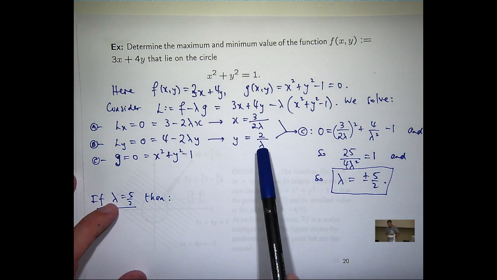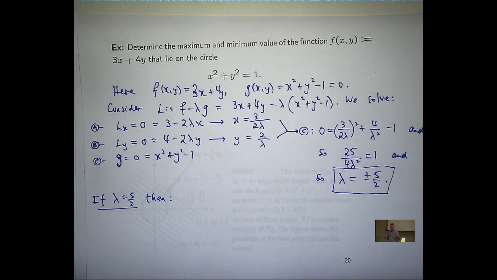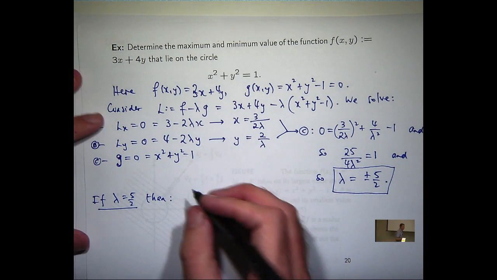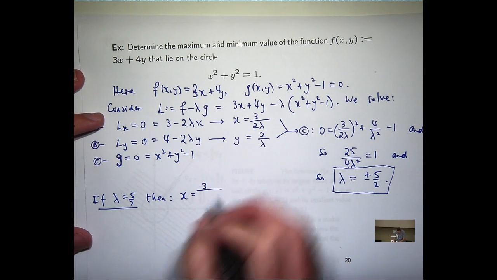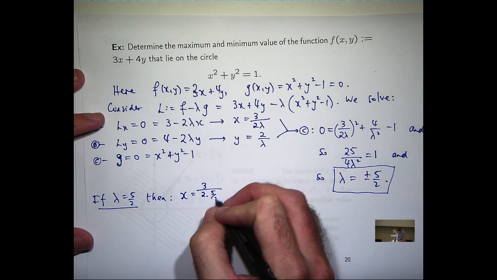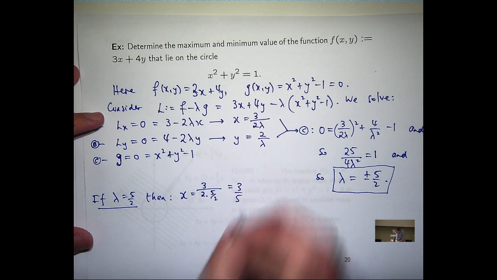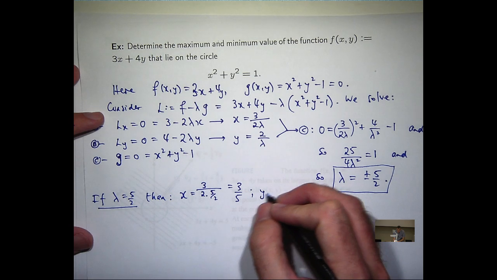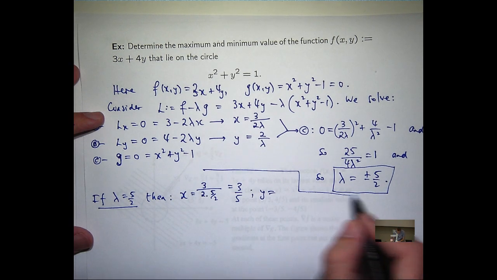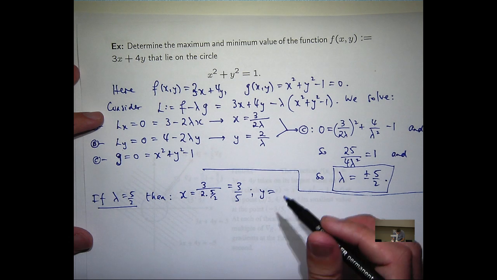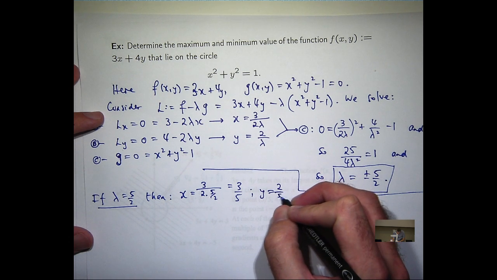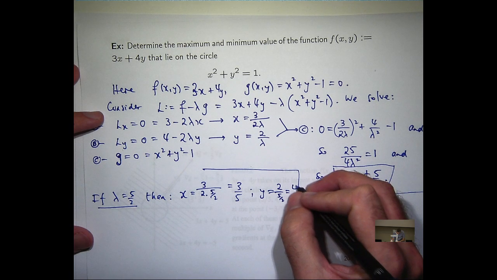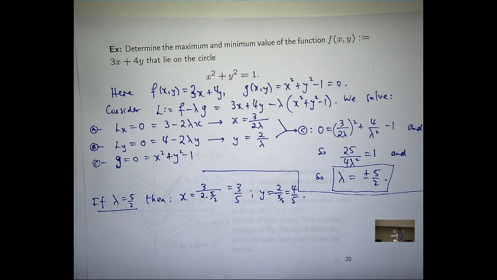I can put lambda in here, and I come up with a point. Okay, I can sub that in there, so I'm going to get 2 on 5 on 2, 4 on 5. Okay, so that's the case lambda equals 5 on 2.